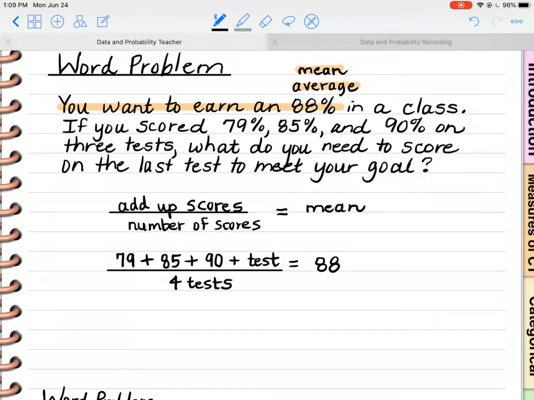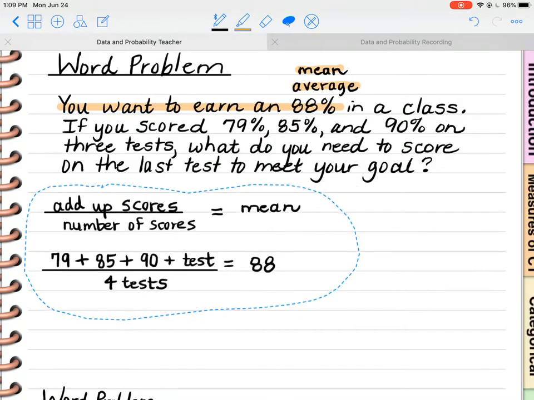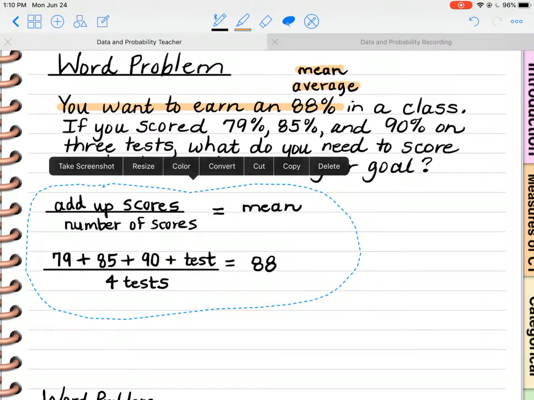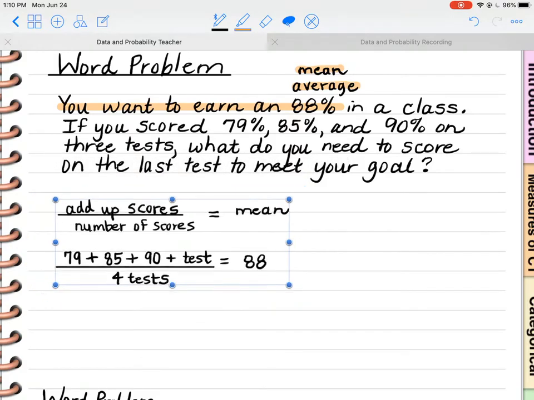Would you agree with me that I have those 3 tests I've already scored, can't change those, plus one more test, and that score will get divided by 4, and then I'll have, hopefully, the 88 average that I'm looking for. So we're going to have to do algebra here. And I'll tell you what, I'm running out of room, so I'm going to move this over just a hair. And I apologize if you're doing this with me, because I know it's easy for me to do and not for you to do.